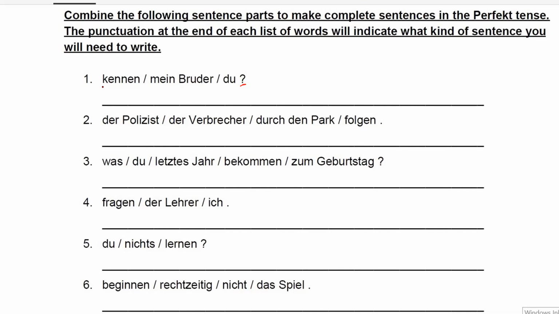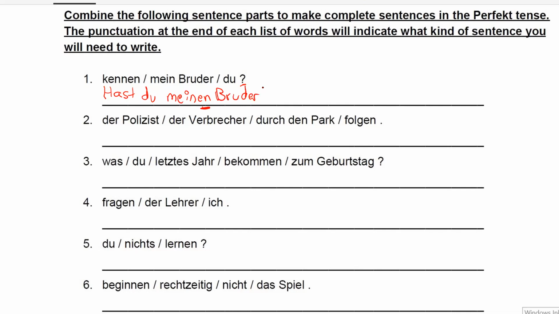So we start with our verb, which in this case is going to be hast. And then our subject, du. Then we have my brother, which, don't forget, my brother is the direct object of this sentence, and in the accusative form, that means we have to have this en at the end of it, and then Bruder.